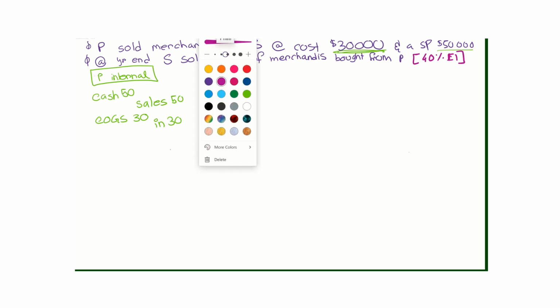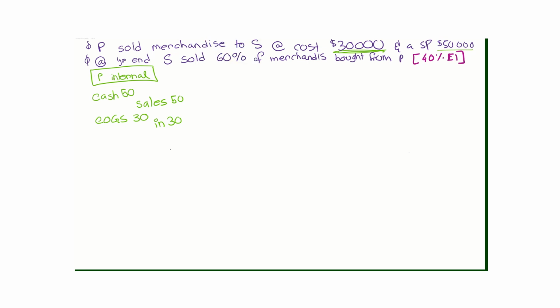Then what is S's internal books? Well, in S's internal books, we are going to debit inventory for $50,000 because that is the price that we bought the inventory at.